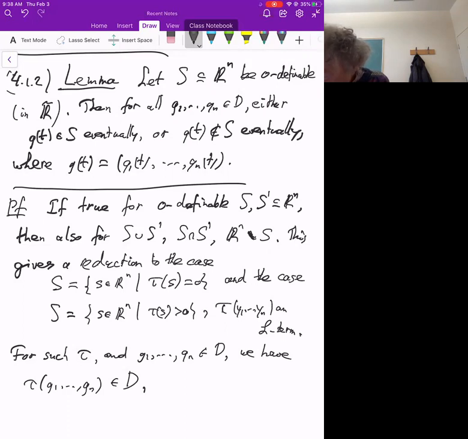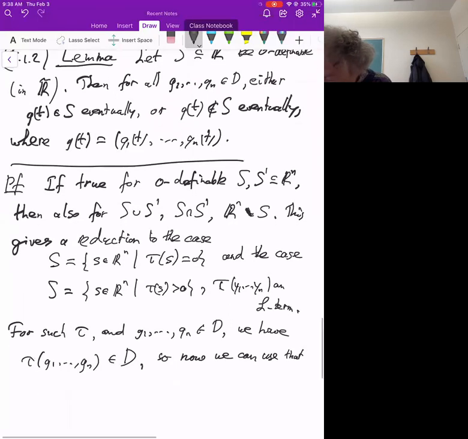So now we can use that the pair tau(g1, up to gn), comma 0 is total.